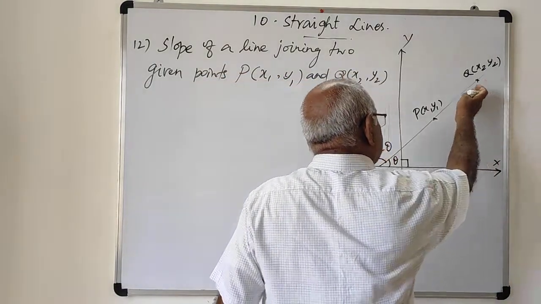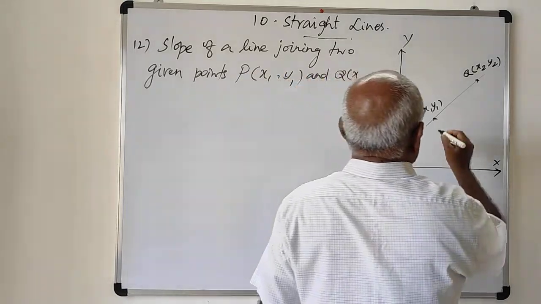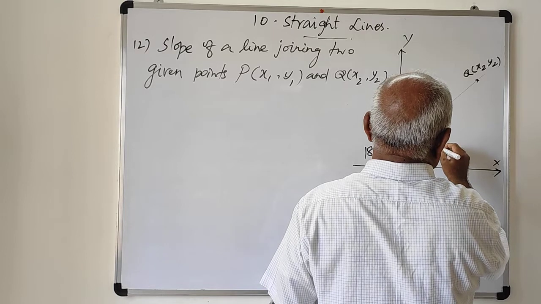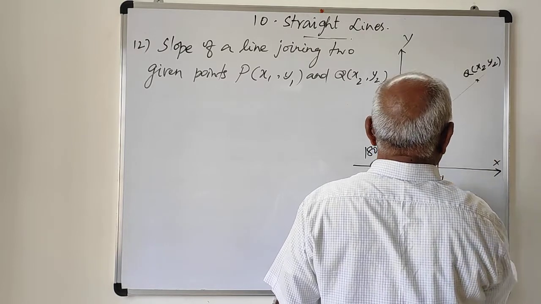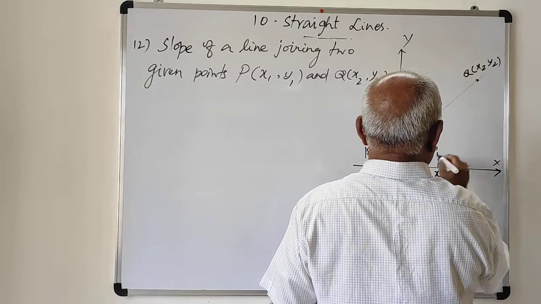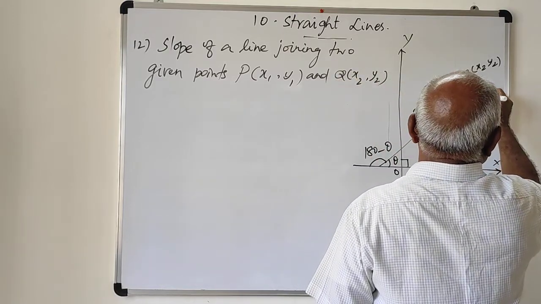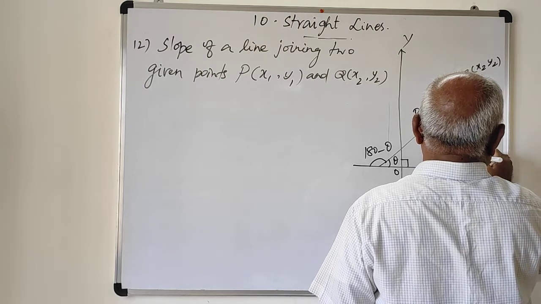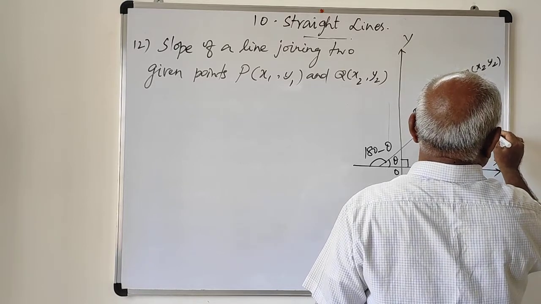The line makes an angle theta with the positive direction of the x-axis, and I draw an ordinate at the point x1, this is x1 distance from the origin, and this is y1. Similarly, you draw another ordinate from the point Q at x2, and this is y2.